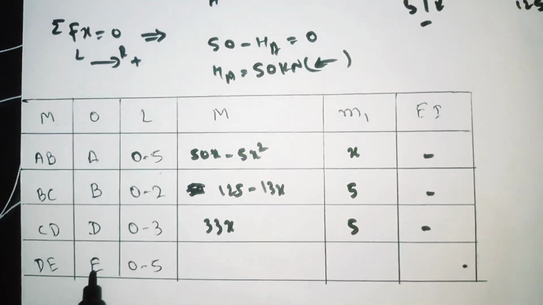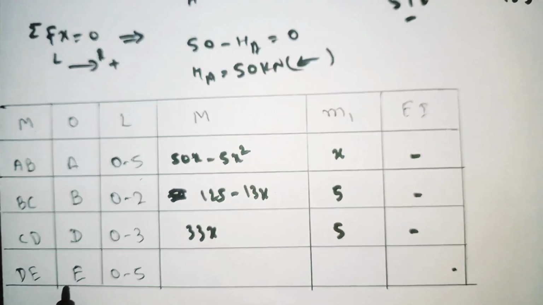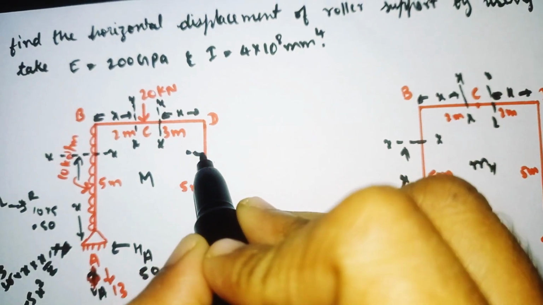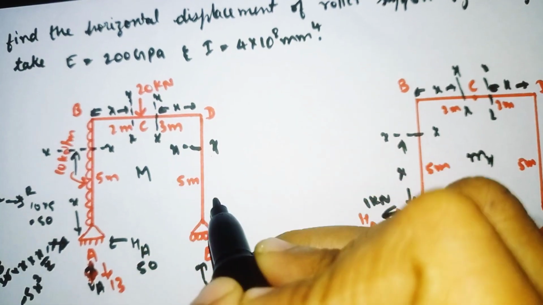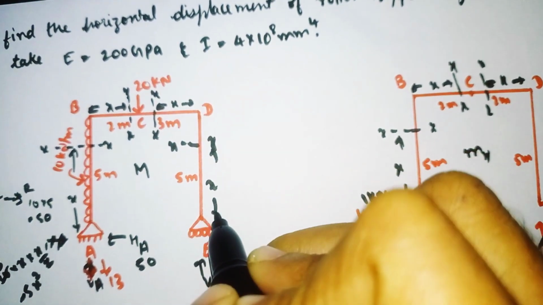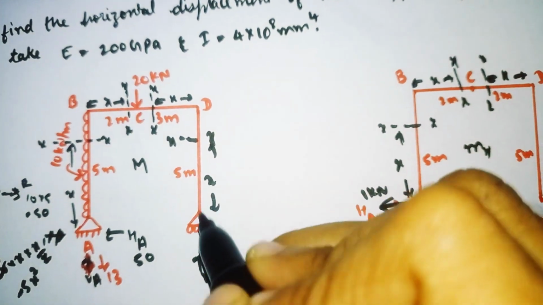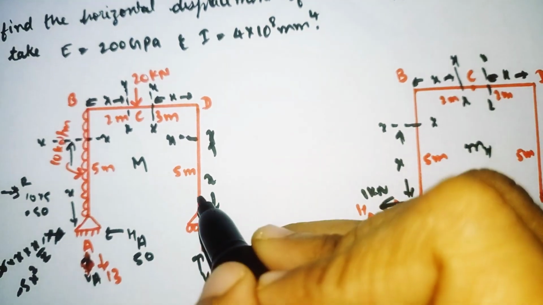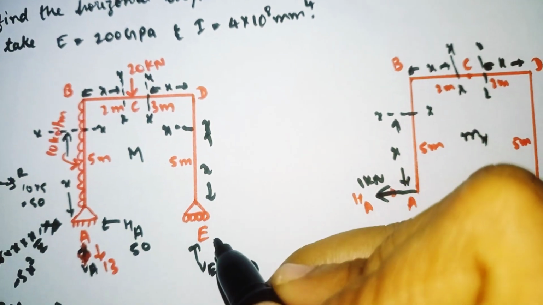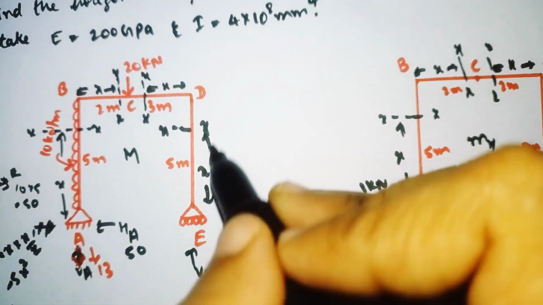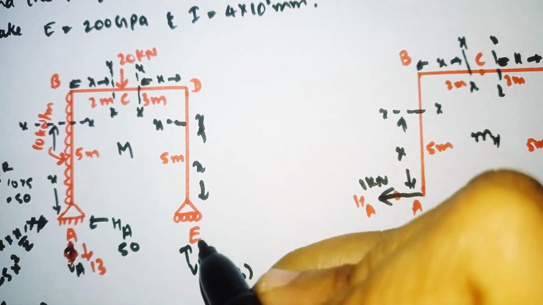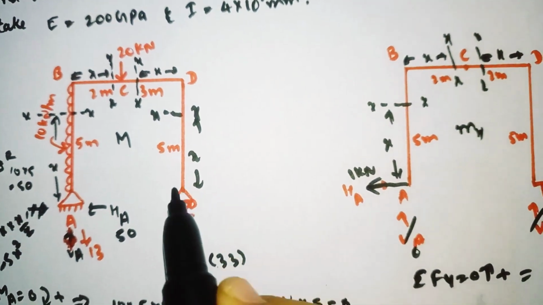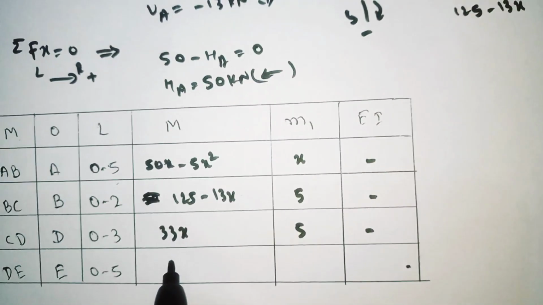Now for DE, I have taken the origin as E. Our section will come here, away from the origin E at a distance of x. So here V is moving axial to this. Now the perpendicular distance becomes 0, and 0 into anything becomes 0. So for member DE, we have the moment value 0 because the distance is 0.